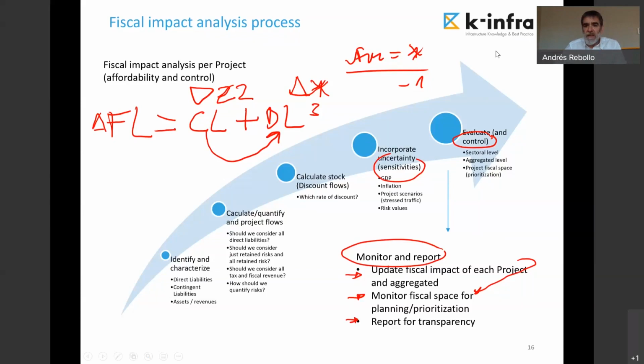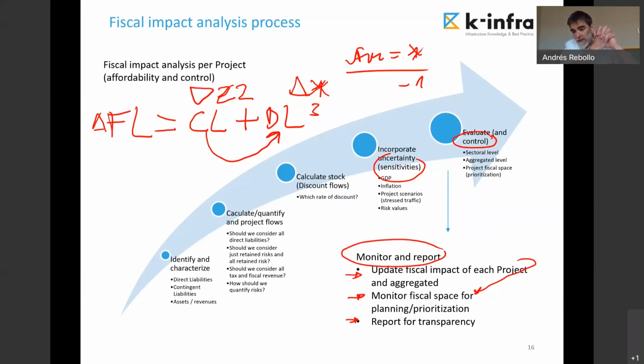Let me see, I see you were commenting: if the project is a failure. If a project fails, and I guess that you mean it has to be early terminated, then I need to look to the contract and see which are my obligations in terms of compensations for early termination.